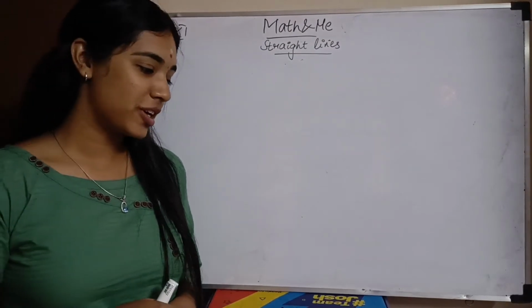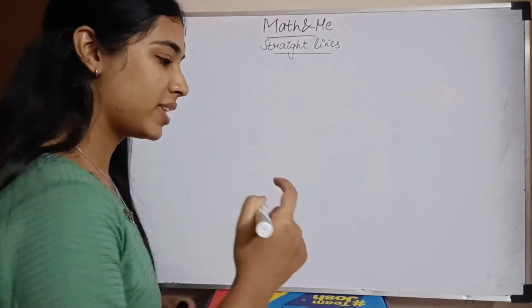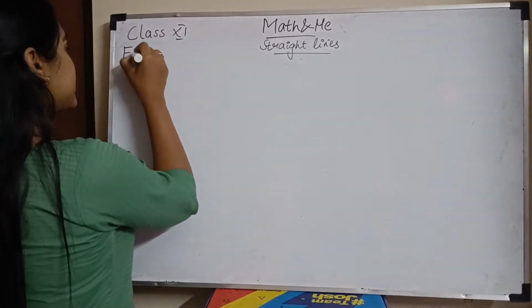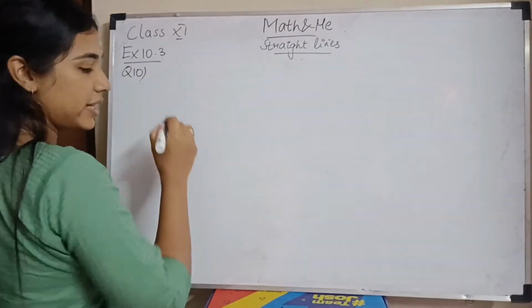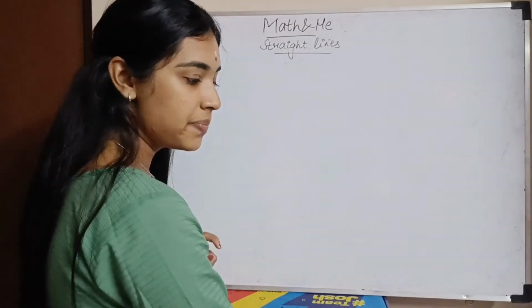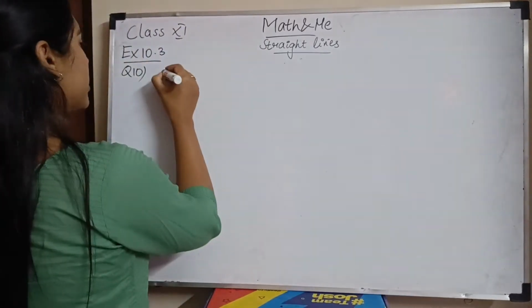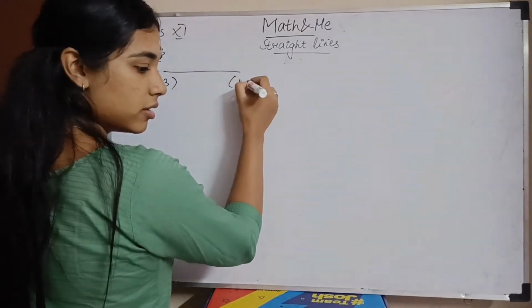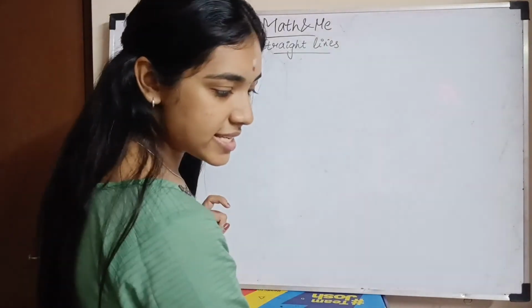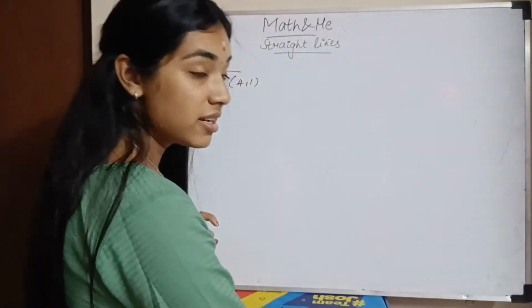So today we are going to continue with exercise 10.3, question number 10. So what does the question say? The line through the points (h, 3) and (4, 1) intersects the line 7x minus 9y minus 19 equals 0 at right angle.